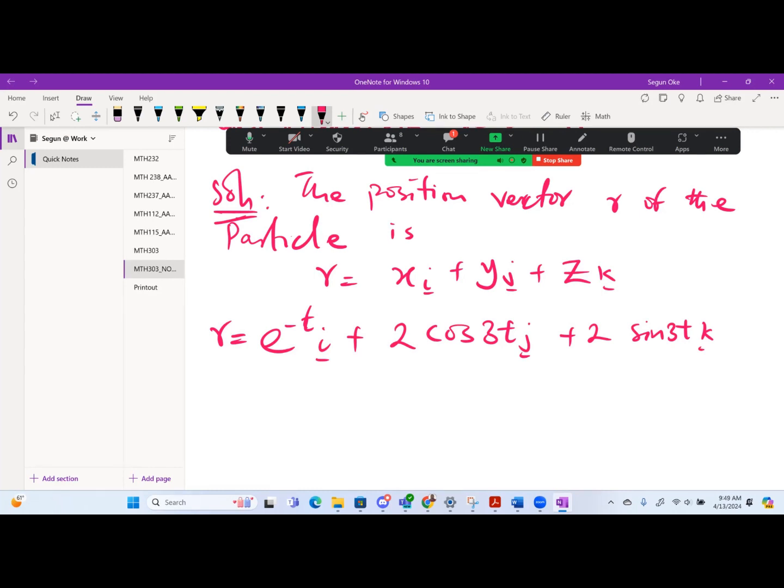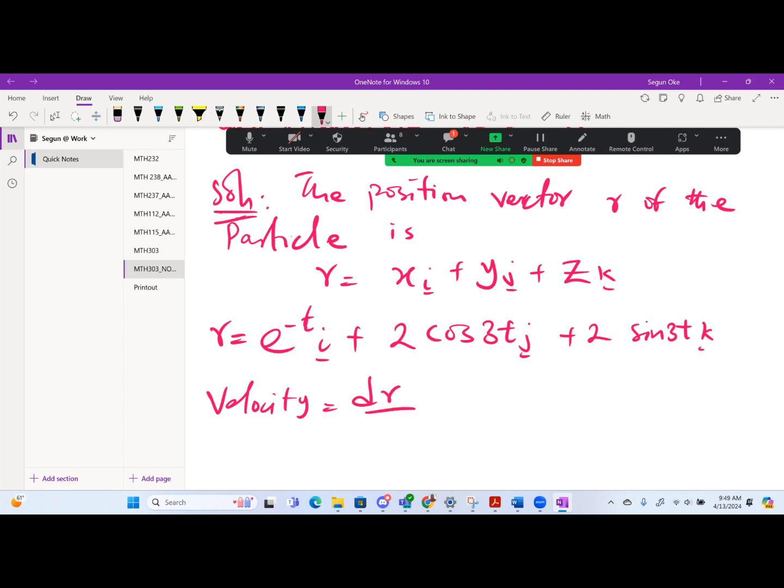Remember, the first question says, determine the velocity. And we all know velocity is dr/dt. The velocity is what? dr/dt. The first derivative of r.